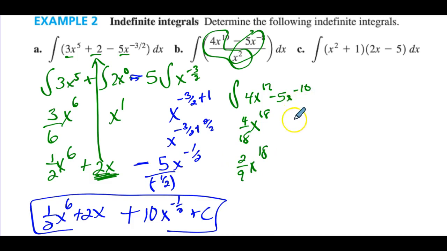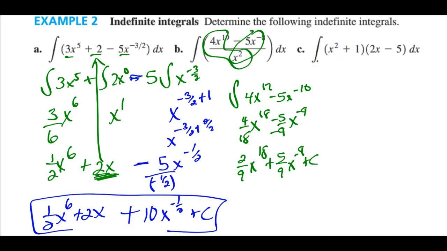Let's do it again. This is x to the negative 10, increase. Now be careful, this is not negative 11. You want to increase it, which means get closer to the higher positive numbers. So how about negative 9? Divide through by negative 9 and end up with a positive 5/9 x to the negative 9 plus c.